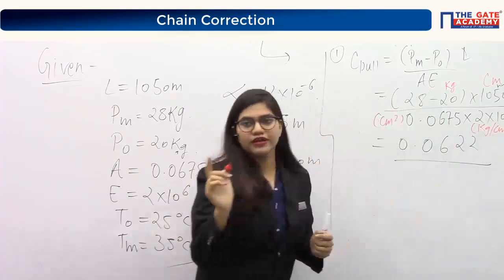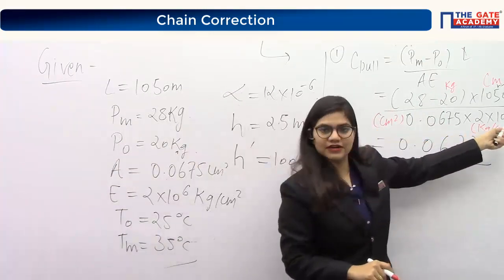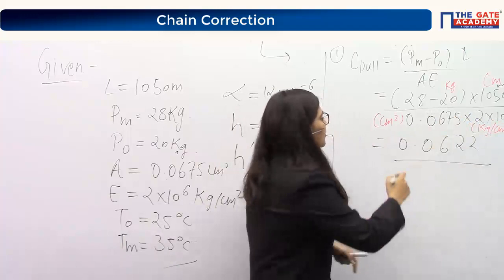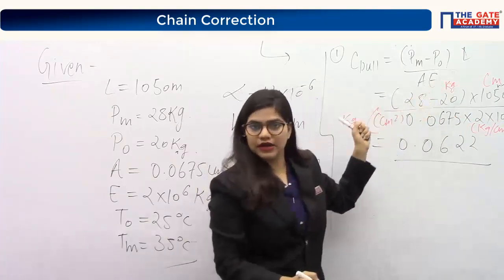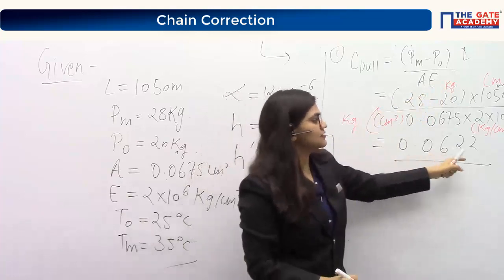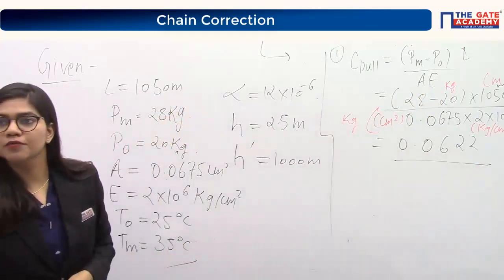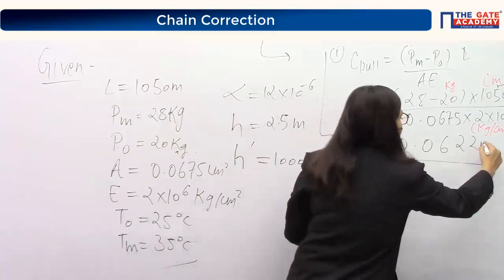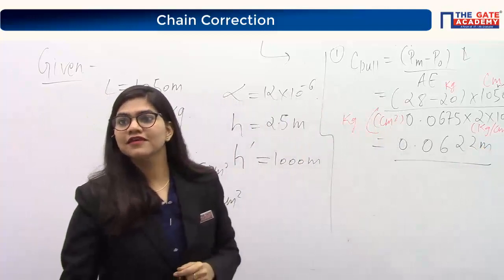So there is no need of changing any value. This centimeter square and centimeter square will cut down. It means from the bottom you are only getting kg, and this kg will also cut down. So you will get the answer in meter, 0.0622 meter. Got it? Length is in meter.